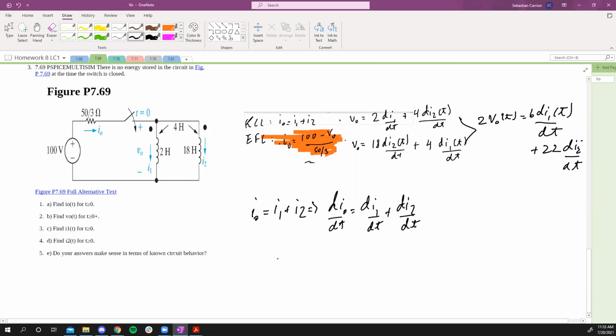So then we can do the same thing: di2/dt equals di naught/dt minus di1/dt.